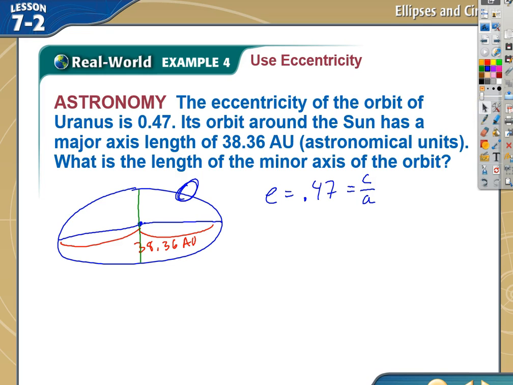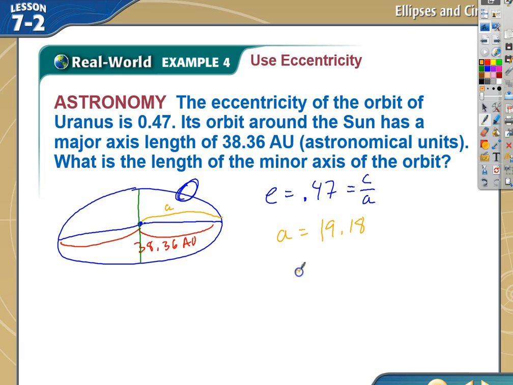Well, okay. This whole distance is 38.36. I don't want the whole distance because remember A is just this distance from the center to here, which is half. So that's A. So 38.36 divided by 2 means that A is equal to 19.18.